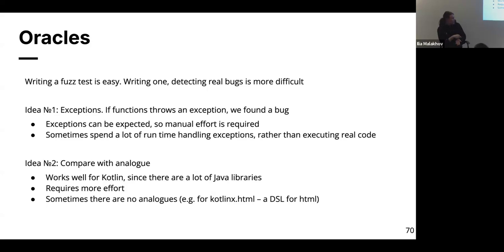For example, in Kotlin you can write DSLs. So there is no analog in Java to compare with. As you can see, there is no way to do this without the user's effort, which is very unfortunate.